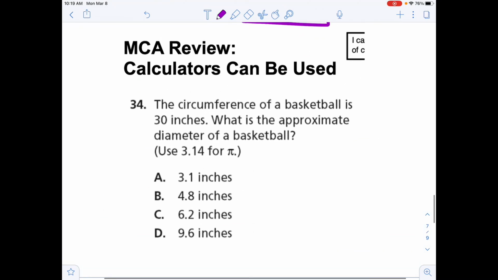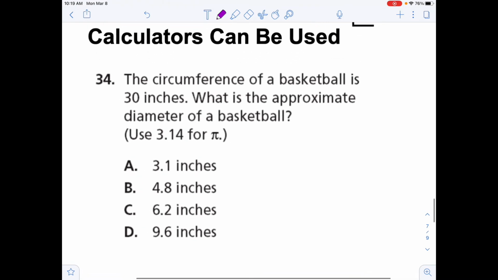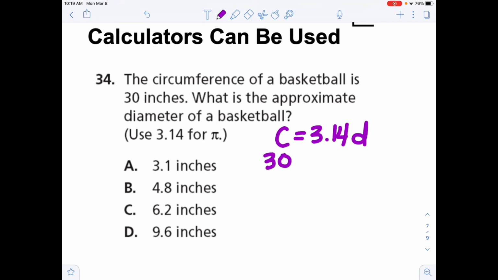Okay, and then this problem says the circumference of a basketball is 30 inches. What is the approximate diameter? So again, circumference is pi times diameter using 3.14 for pi. We know the circumference is 30, so I plug that in for C. 3.14 is pi, and we don't know the diameter.